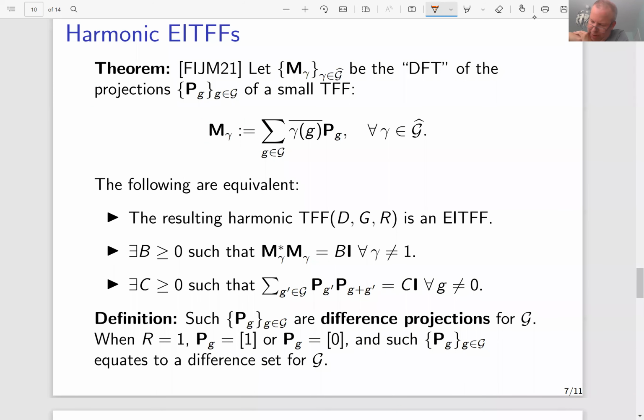But basically what happens in this case is if you build a bigger type fusion frame from one of these smaller guys, the resulting thing is going to be equi-isoclinic if and only if when you take the projections onto the smaller spaces, I'll do an example of this in just a second, and take its Fourier transform, what you get is something that is a constant multiple of a unitary, okay?